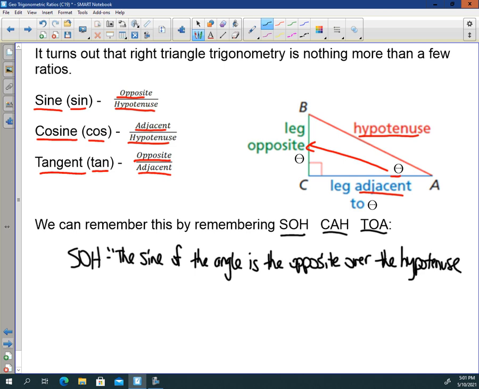So, SOH, the sine of the angle is the opposite over the hypotenuse.